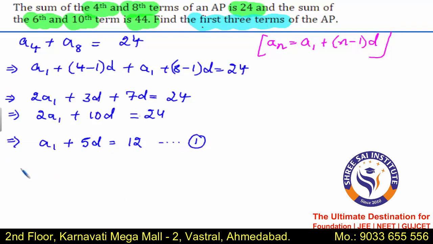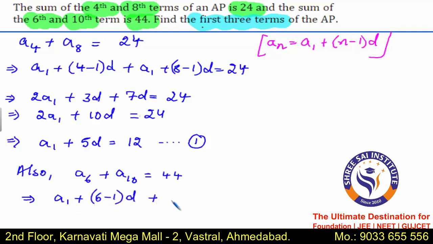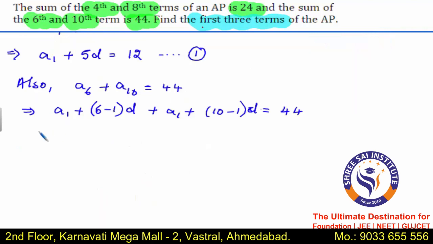Also, we are given that the sum of the 6th term and the 10th term is equal to 44. This implies A1 plus 6 minus 1 into D plus A1 plus 10 minus 1 into D is equal to 44. This further implies that 2 times of A1 plus 5D plus 9D is equal to 44.